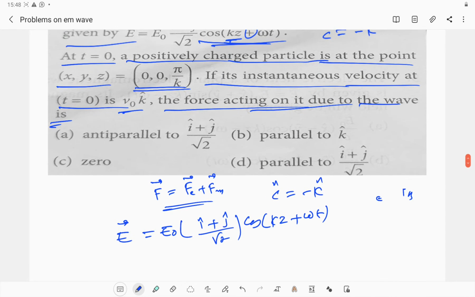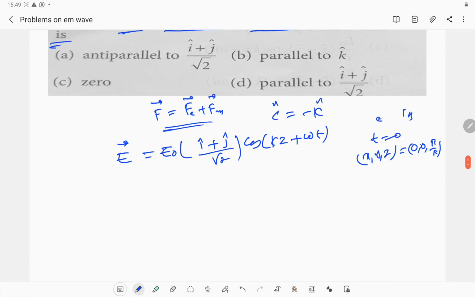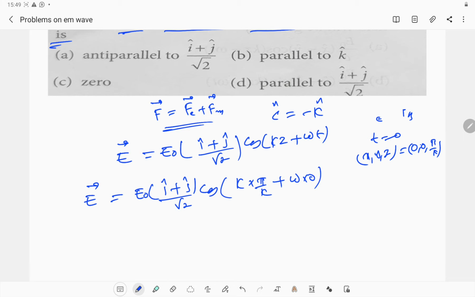But at time t = 0, x, y, z is 0, 0, pi by k. E bar is E naught times (i plus j cap) by root 2 times cos(k into pi by k plus omega into 0).